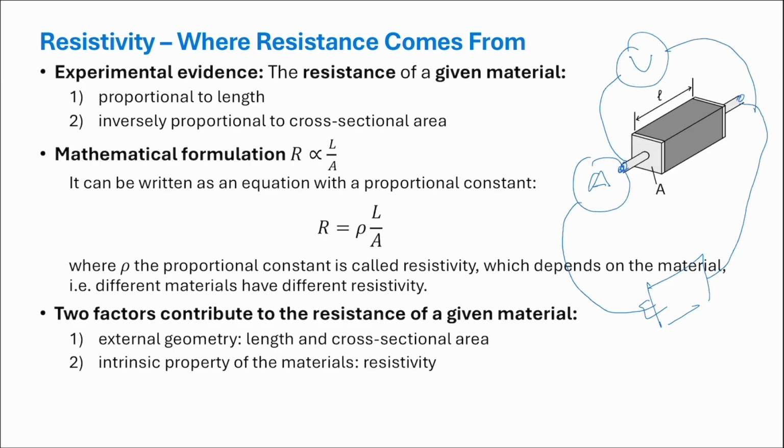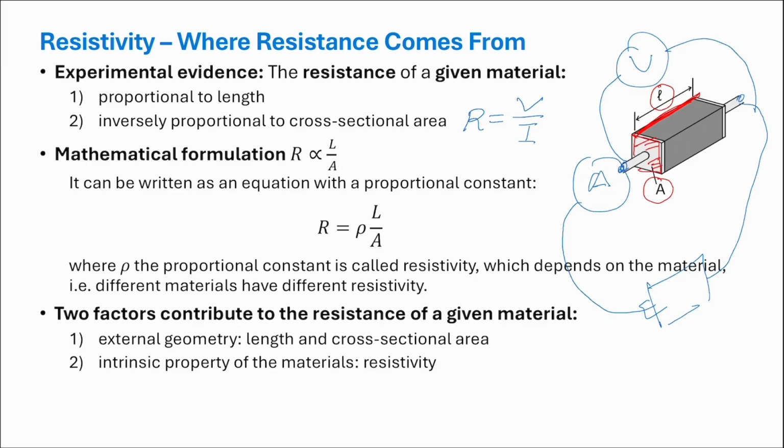So the resistance of this specific resistor is R equals V over I. However, one can ask: what if we change the length of this specific material, or change the area of this specific material, and we measure the resistance again?